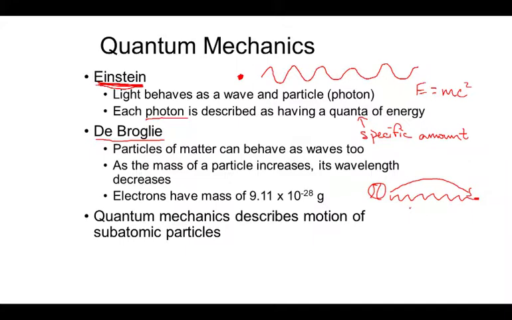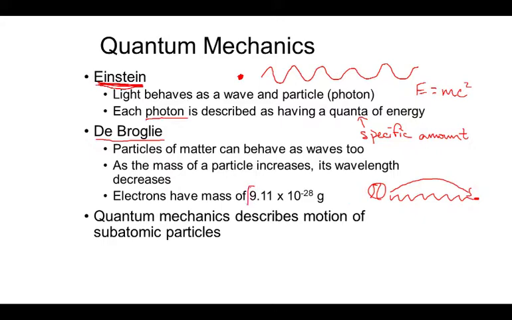The thing is, when we talk about macroscopic things, the size of the things that we can see and touch, their wave properties are so minuscule that it doesn't really affect anything about them. So our basic physics that Newton came up with isn't changed at all. But as we get to really, really small masses, the wave properties start to take more and more importance.